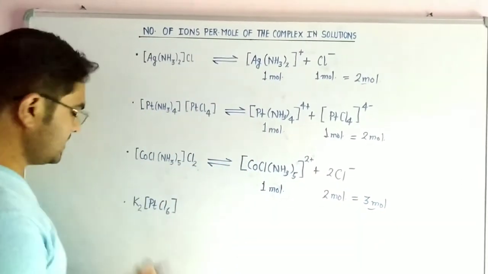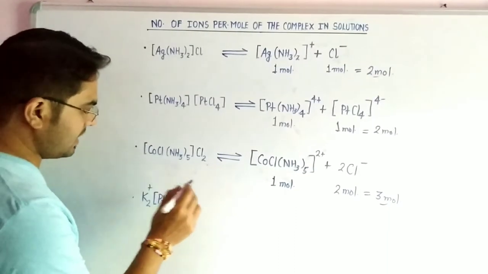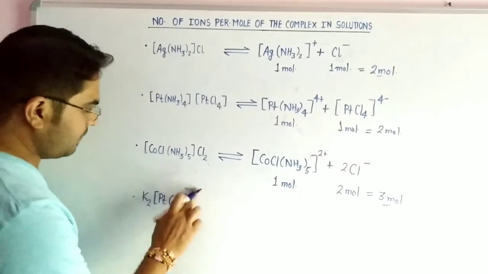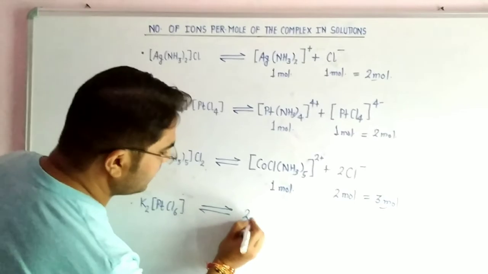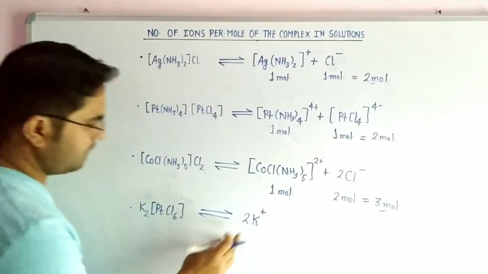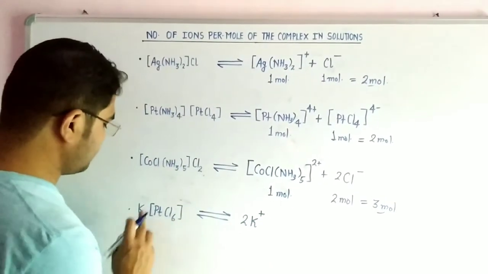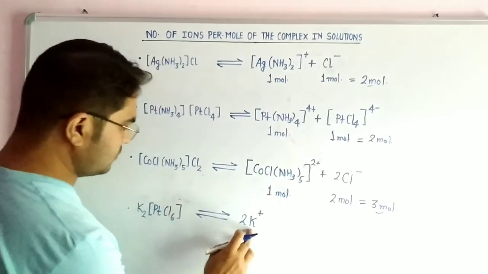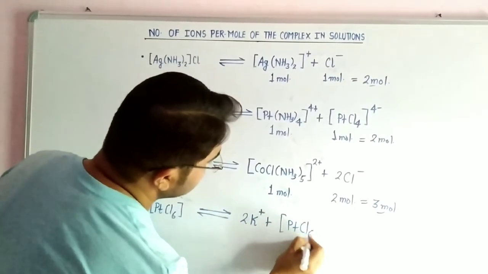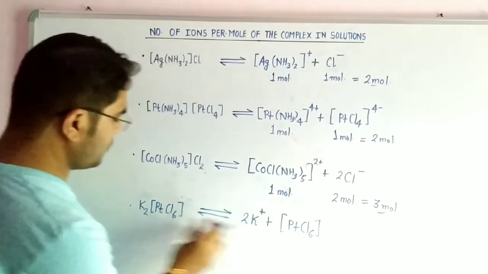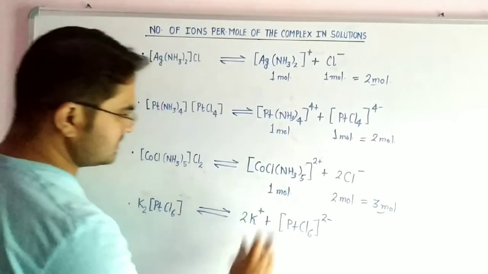Then the next example is K2PtCl6. Here the cationic part is written in this way, and the anionic part. First we write the mode of ionization for this complex: 2K positive for the first part, because the potassium ion has a plus 1 charge, and twice the moles of this, so 2K positive, and the rest is PtCl6 2 negative, and this is the charge balancing.